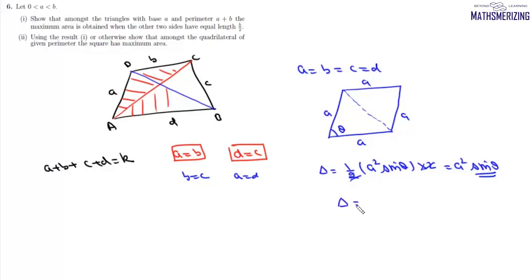So this area will be maximum, equal to a square, when sine theta is 1, that is when theta is pi by 2. So if theta is pi by 2, this rhombus will be a square. So the area of a quadrilateral with a given perimeter will be maximum if this quadrilateral is a square.